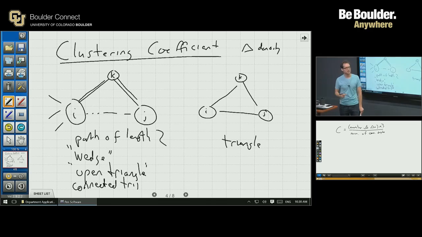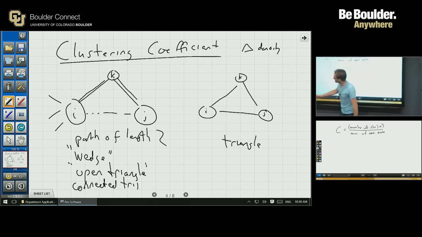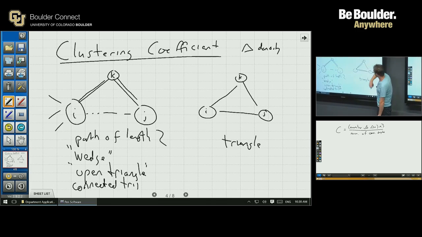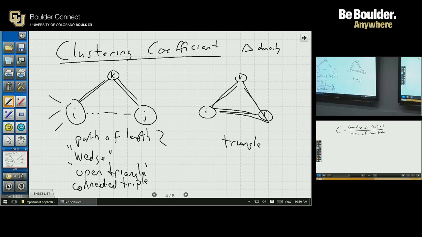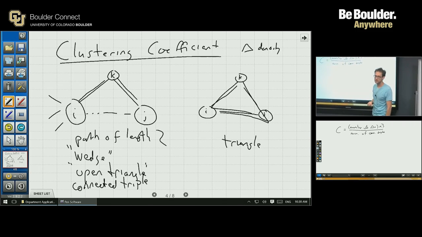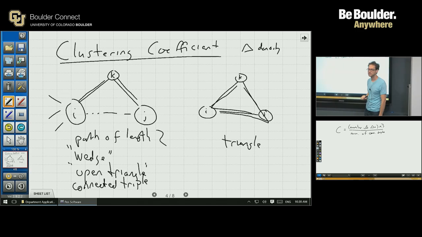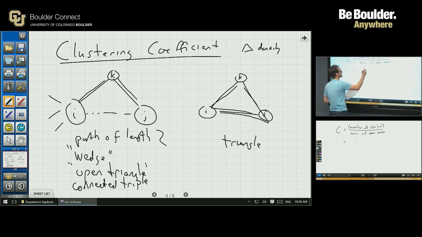That factor appears because we have to overcount these things. So I have a wedge here, a wedge here, and a wedge here. So each triangle that appears in the network actually has 3 wedges, which means that it's overrepresented down here if I counted the wedges. So I have to multiply by 3 in order to get this thing to be the proper size.